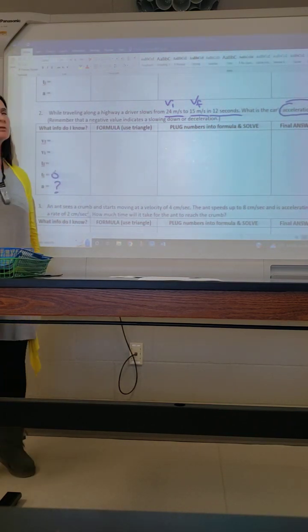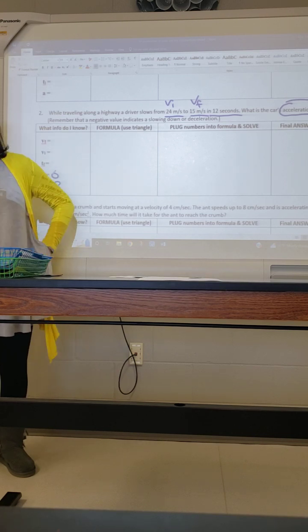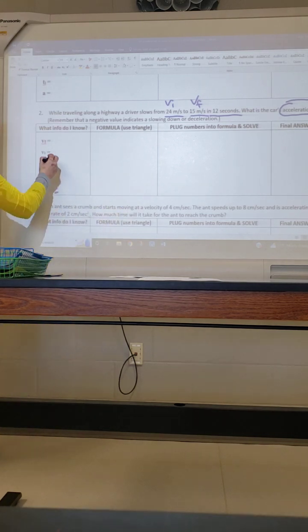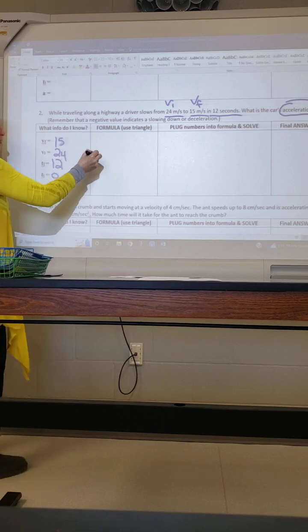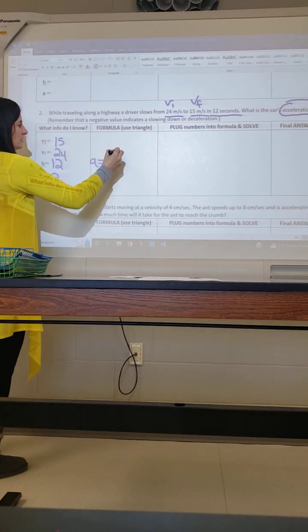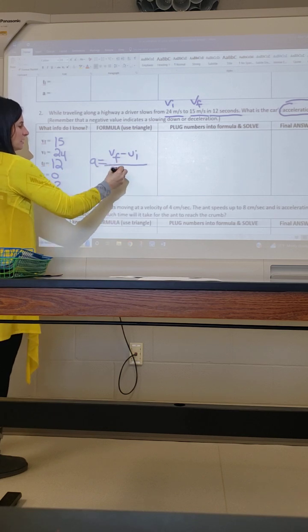And again, most of the time, the initial is 0, so if it says it took 12 seconds, or a period of 12 seconds, or it lasted for 12 seconds, you go from 0 to 12. Alright, so our final time is 12 here. We said the initial is gonna be 24, and that the final was 15. So we're still gonna use the same equation that we did, because we need to use the extended version.